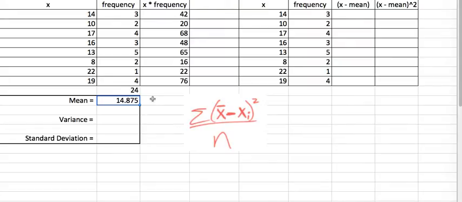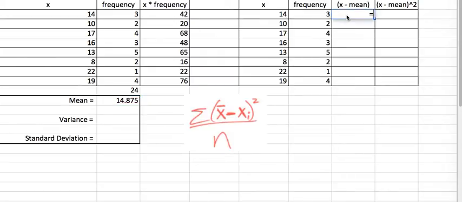Now, if you recall, when we were doing our variance, I took each score and subtracted it from the mean, or vice versa, and then squared it. And then I had to add all those up. I had to find the mean of all of those, okay?